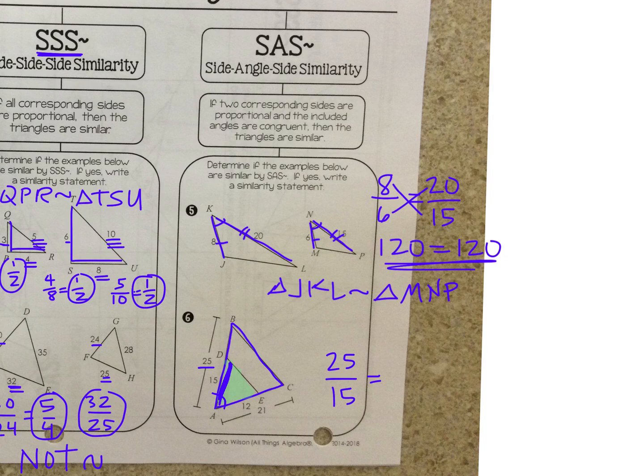That should be equal to the big side, 21, over this little side, 12. Well, 25 times 12 is 300, and 15 times 21 is 315. That is not true. That means that these two little triangles are not similar.